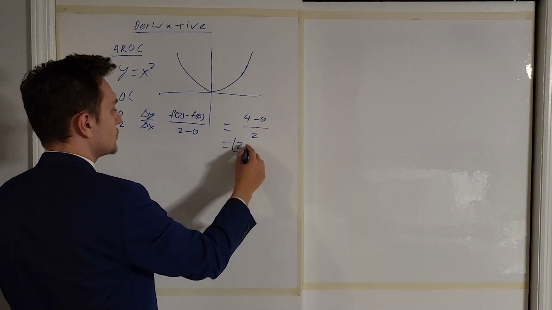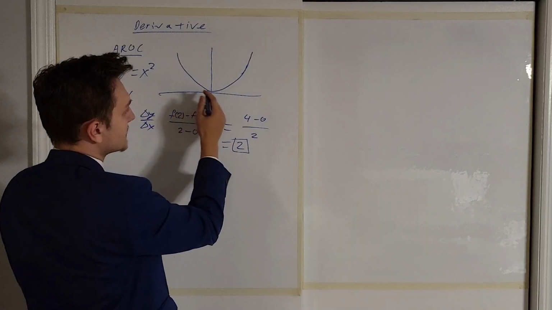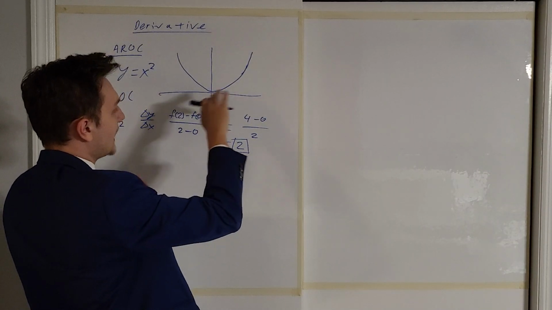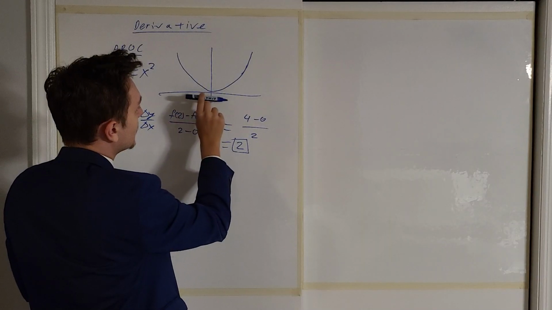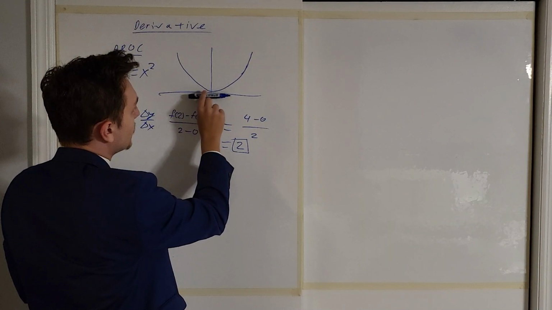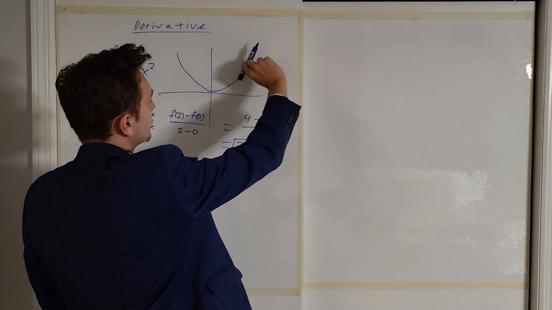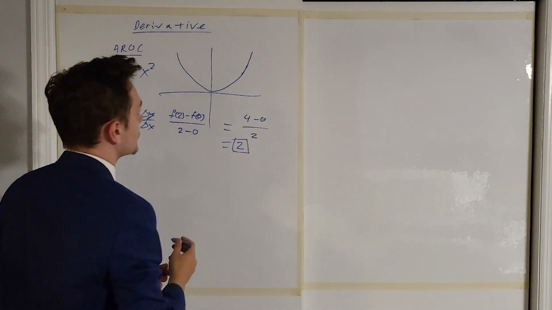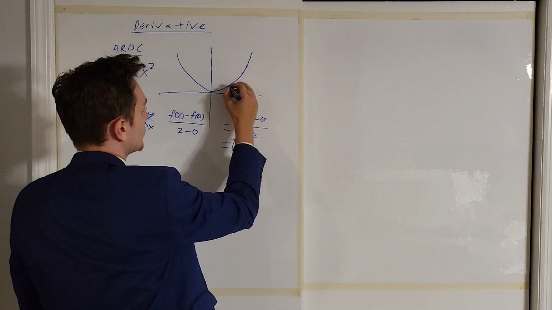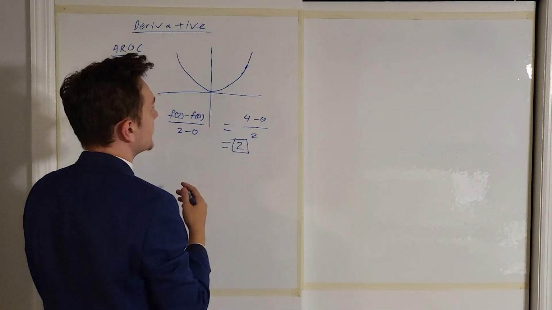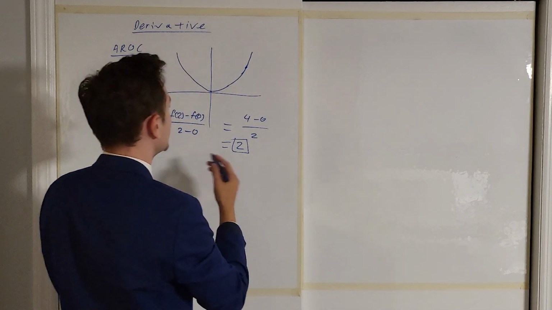So this 2, it's not my slope, because you can see that my slope is constantly changing. I don't have a line, I don't have a linear slope. Here at the bottom, my slope is flatter, then my slope is increasing and increasing and increasing. Okay? So if I were to draw 2 points, this would be x equals 0, this would be x equals 2, then the average slope of that line would be 2.